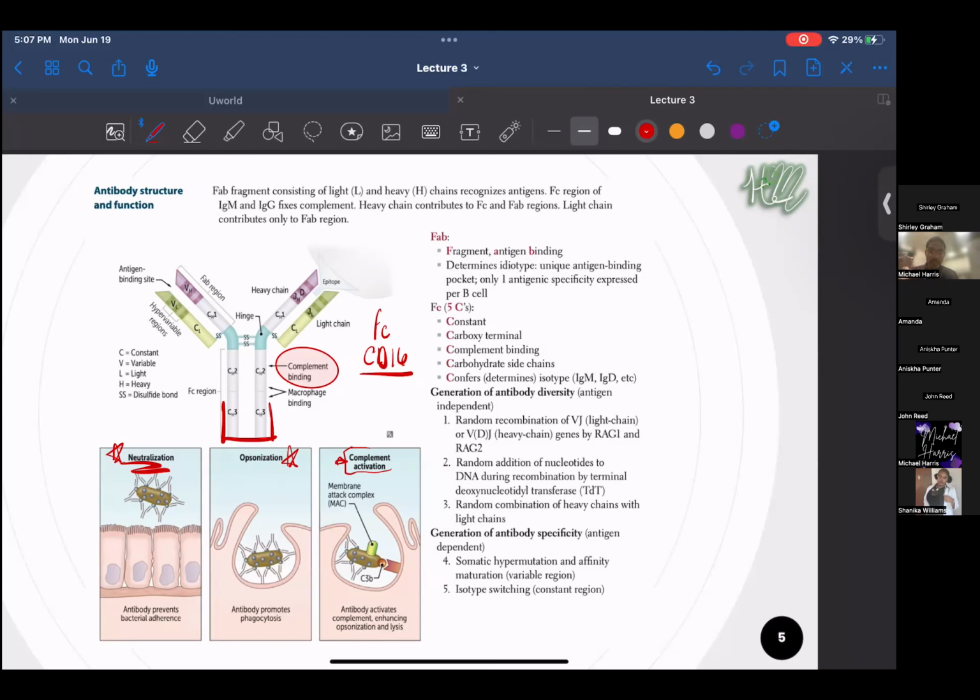Because these microbes, when they float around, have certain receptors on them. And these receptors bind to portions of your cells and allow them to be endocytosed, brought into the cell. So if that doesn't happen, then you're never really getting infected.